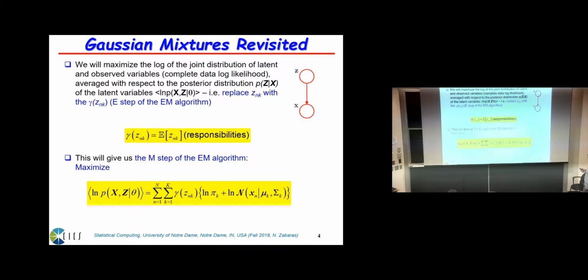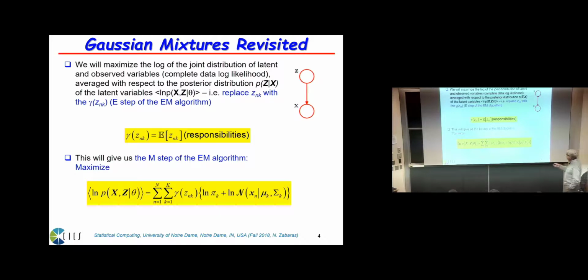So we said, you know what? You don't know Z, so you cannot really compute the joint log likelihood. How about we work with the expectation of that with respect to the posterior distribution of Z? We don't know Z, so how about we take an average of that quantity with respect to Z? If you take an average, the concept of responsibilities comes up. The responsibilities are the posterior probabilities of each point belonging to one of the generating Gaussians in the mixture.